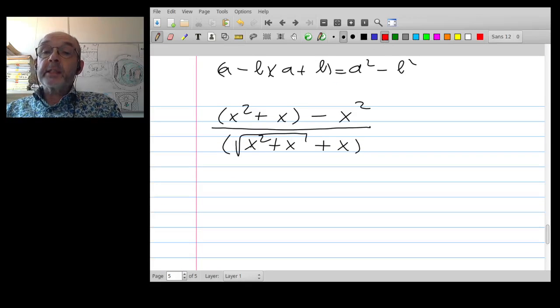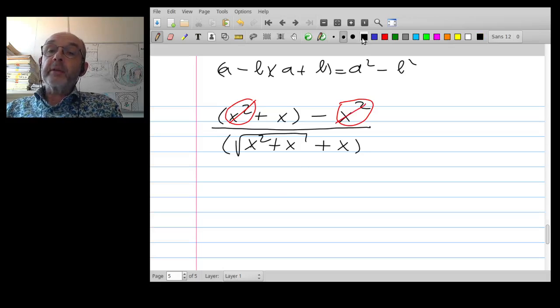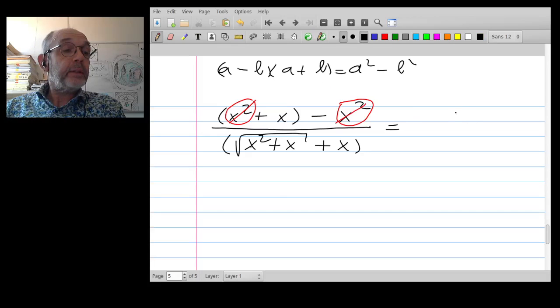I see here x squared and there x squared, they cancel each other. And so I keep x in the numerator.